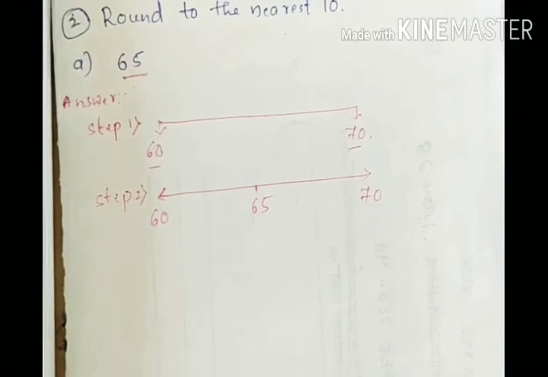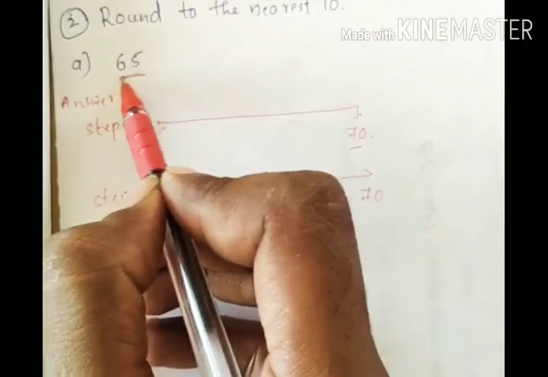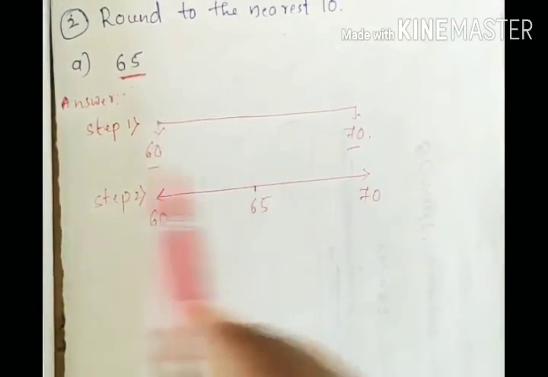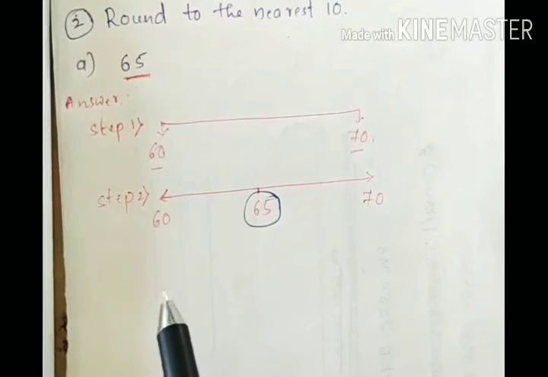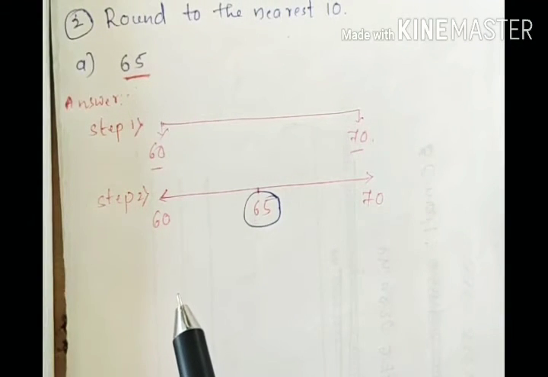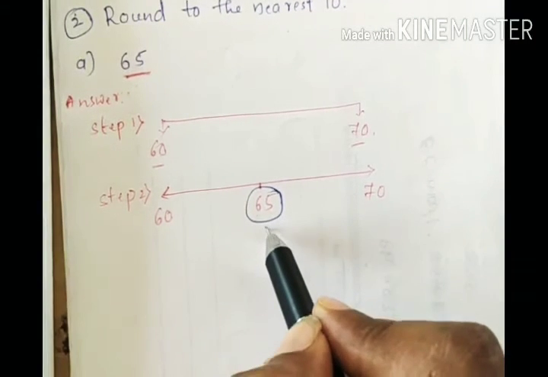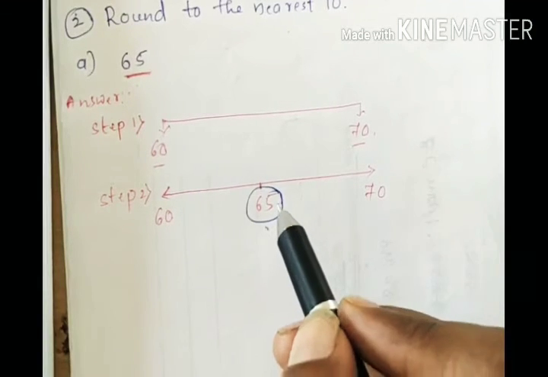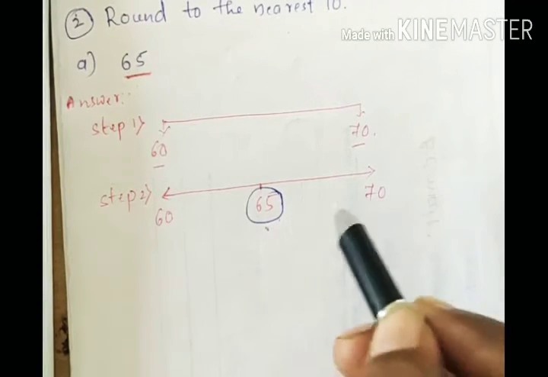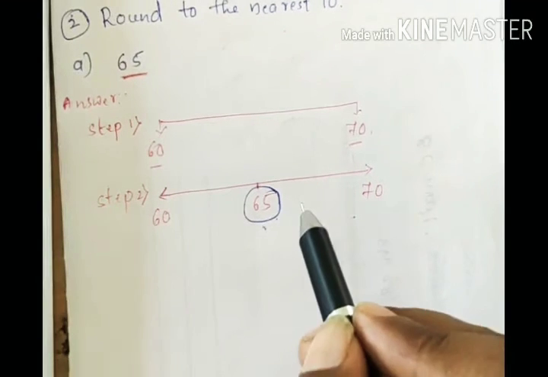And now you have to place the number which they gave, and you have to round correctly on the number line. So here they gave 65, it is here, right? Dear students, please remember, a number at the midway point is always rounded to the next larger number.